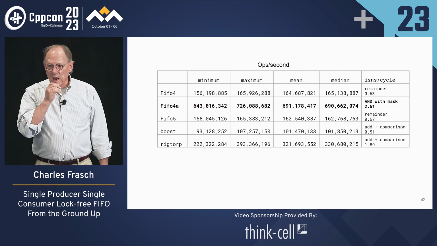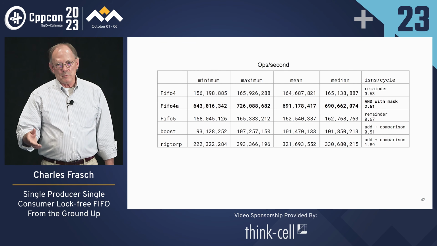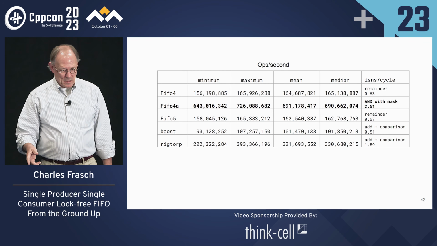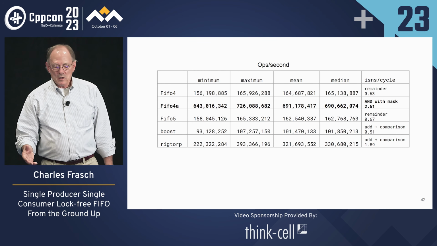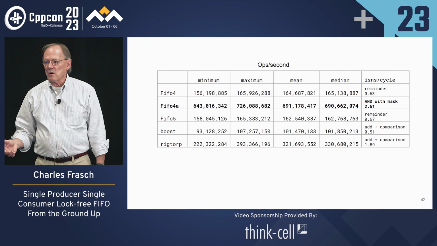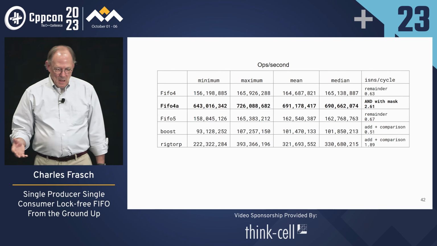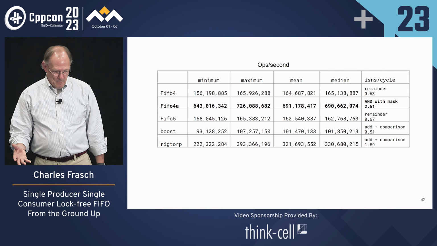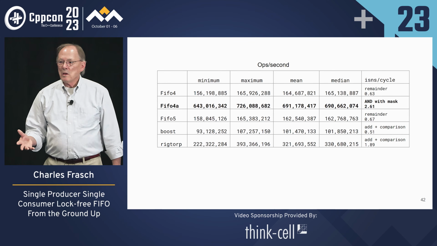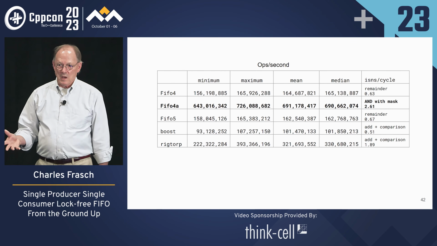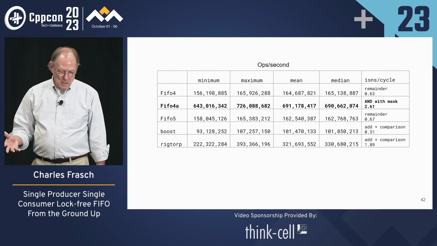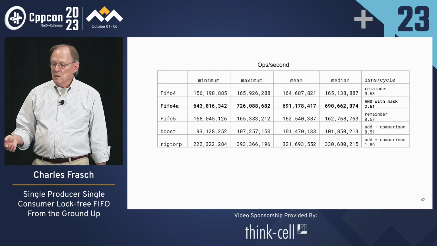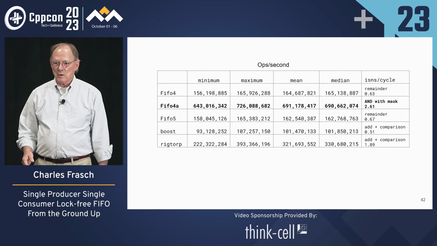I also ran typical performance runs using perf to record the number of instructions retired per cycle. So we can see generally, the better the performance, the more instructions per cycle we have. And we can see that the FIFO 4 is retiring more than 2 instructions per cycle, and none of the other ones even reach 1.